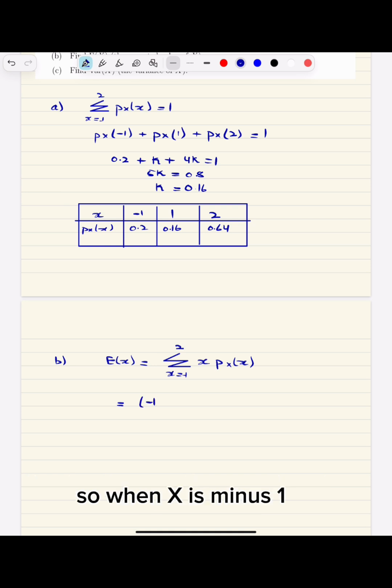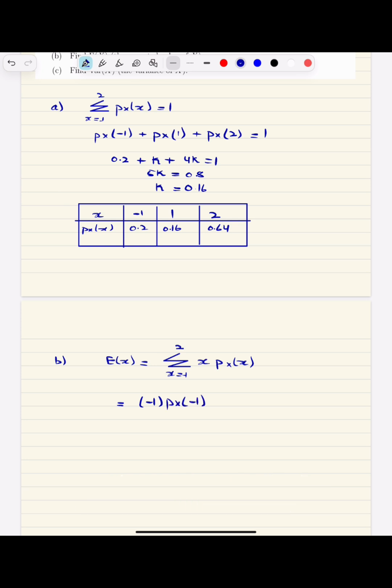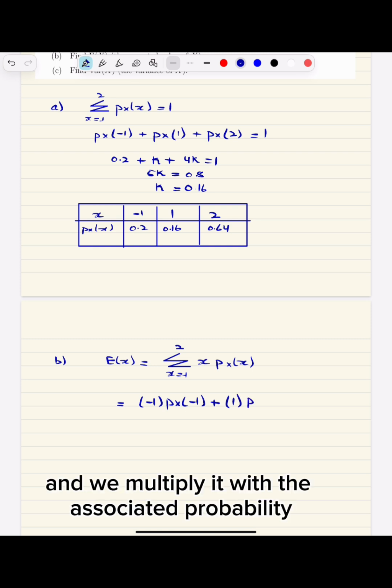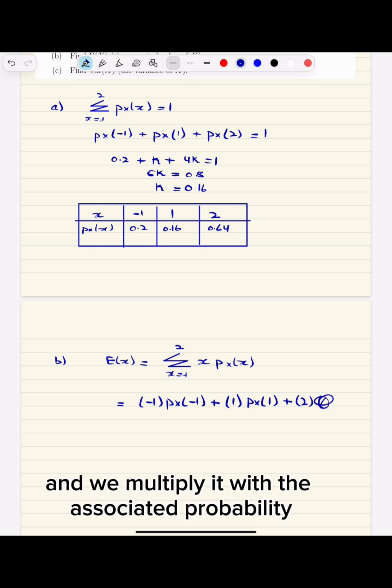When x is -1, we multiply it with the associated probability, plus when x is 1 we multiply it with the associated probability, then x can be 2 and we multiply it with the associated probability.